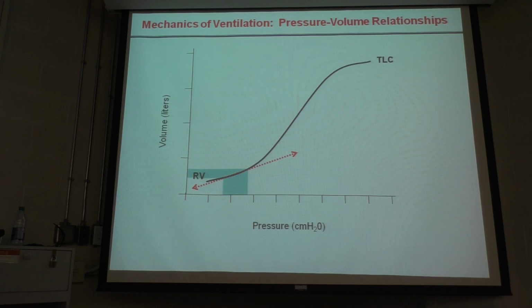So, what's the relationship between airway resistance and lung volume? Airway resistance is what at residual volume, high or low? High. It's high. So, to move a given amount of air into and out of the lungs in the setting of high airway resistance, the respiratory muscles have to generate more or less pressure? More.